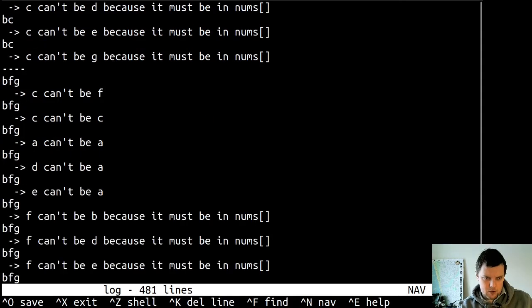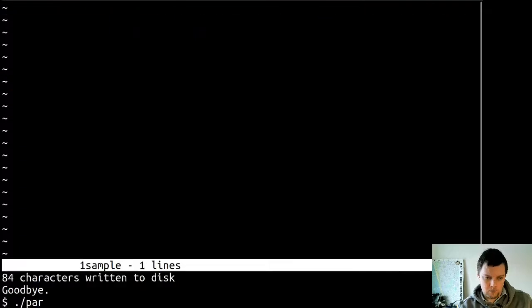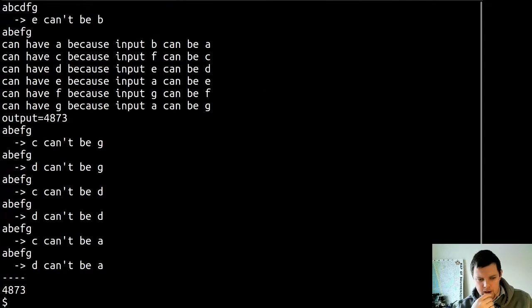I might try to isolate just this one input. Wow, okay, it gets it right now. Interesting. That means we're not zeroing something from the previous line.